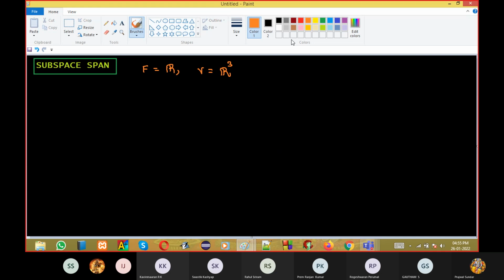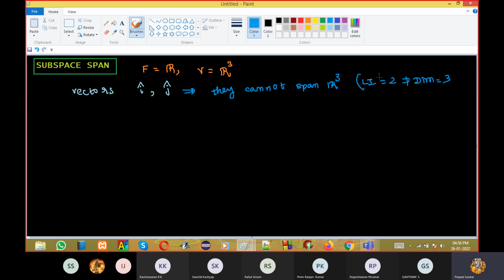I'm giving you only two vectors, i and j. We have already seen that they cannot span R cube. Why? Because the number of linearly independent vectors is 2, not equal to the dimension, which is 3. Correct? We cannot have two vectors, this is 2 less. Correct?